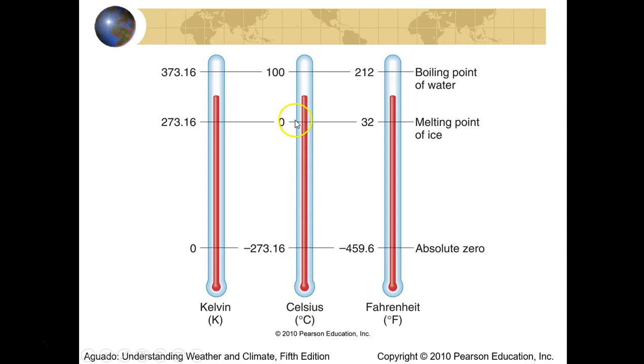At 0 degrees Celsius water freezes, and at 100 degrees Celsius water boils, and here are the corresponding numbers in the Kelvin scale. And then you see over here in Fahrenheit, where America uses the Fahrenheit scale, we could see the melting point of ice, where water freezes and where water boils, and there are nice conversion tables that show how to convert from one scale to the other.